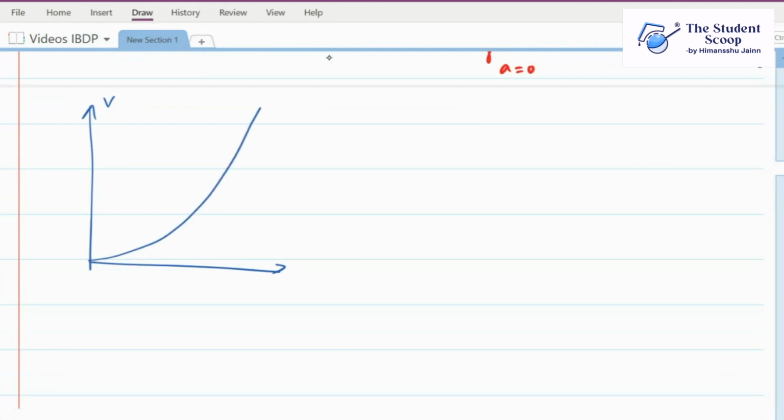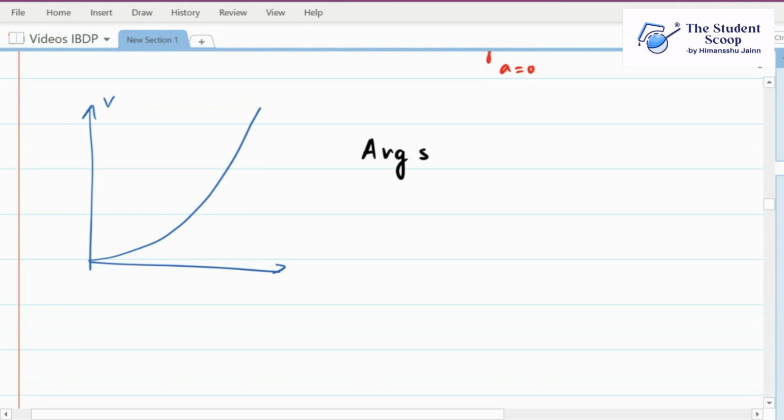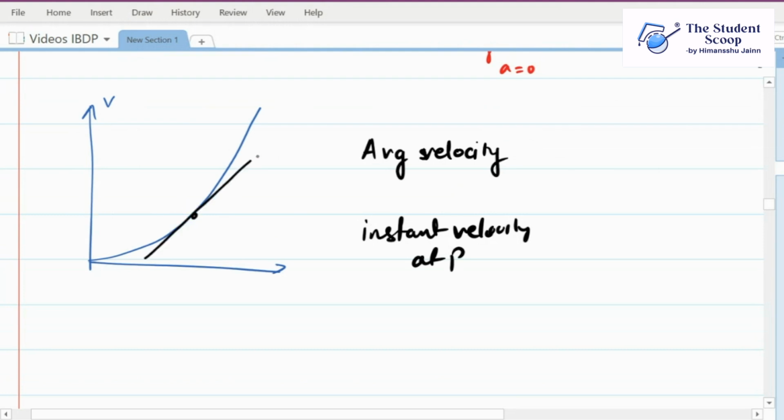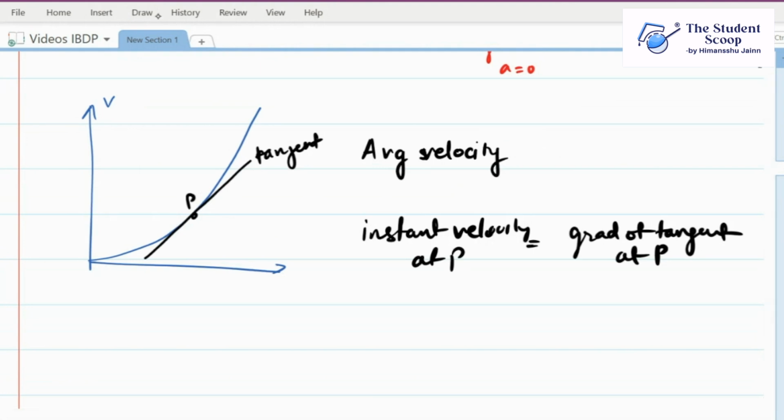If I want to calculate average velocity or instantaneous velocity, the instantaneous velocity at point P can be found by taking the gradient of the tangent at P. If I take the gradient of the tangent, I will get the instantaneous velocity.